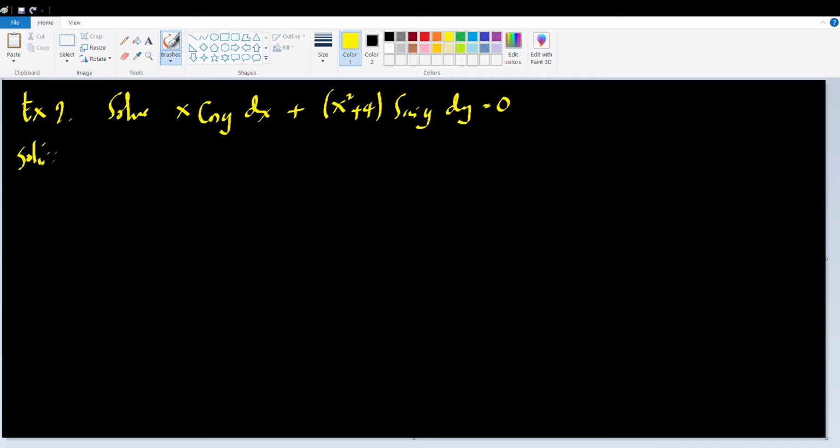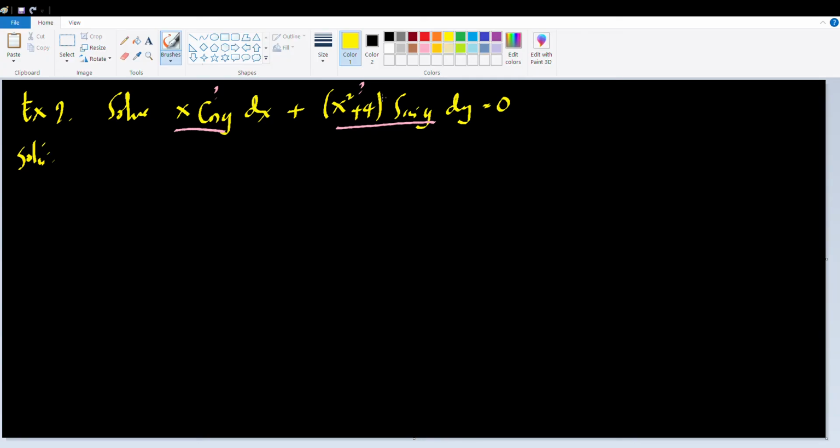So let us examine the coefficients. Cosine y is unwanted for dx, and x squared plus 4 is unwanted as far as dy is concerned.